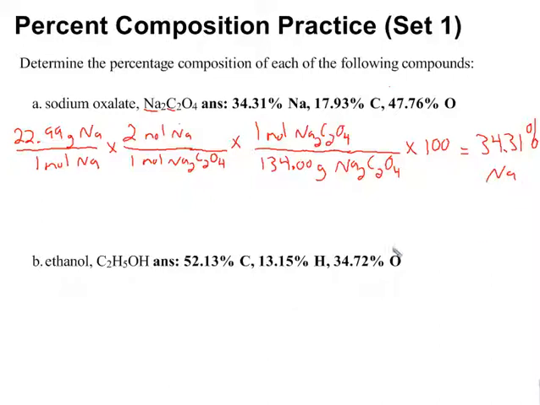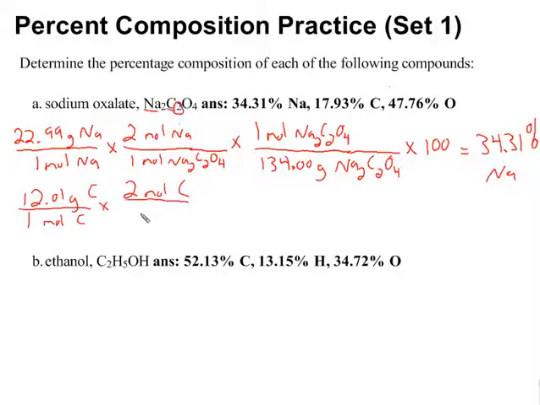Now the next one I'm going to go through and write out fairly quickly. Again, we're only going to do sodium and carbon, because oxygen would be done the same way. If we take a look at carbon, carbon has a molar mass of 12.01 grams for every 1 mole of carbon. We need to figure out how many carbon atoms we have. We have 2 moles of carbon, and that comes from the subscript right there.